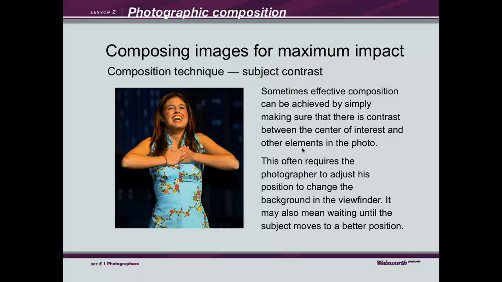Imagine if she was wearing a black dress or a dark navy blue dress in this photograph. The silhouette of her torso would completely be lost in the background because there would be no subject-background contrast or subject contrast. Because the background is a drastically different color, she is able to stand out in our photograph and be a strong center of interest.